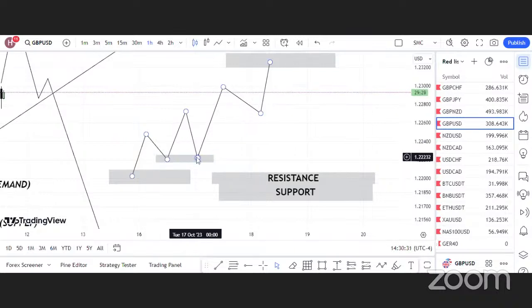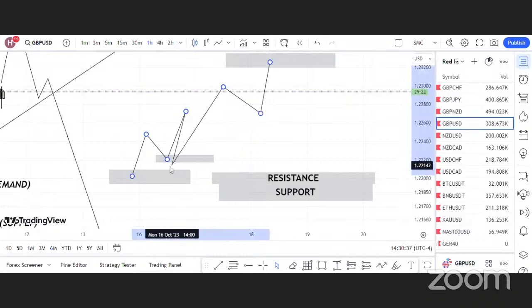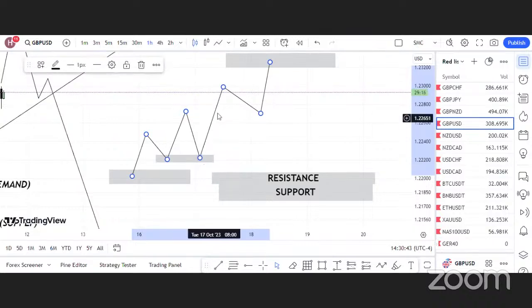So you know that the market is going to buy. When the market came back here, you want to buy to the upside.